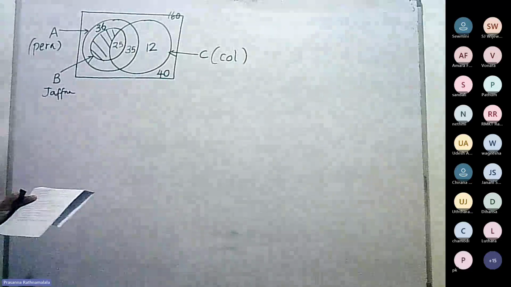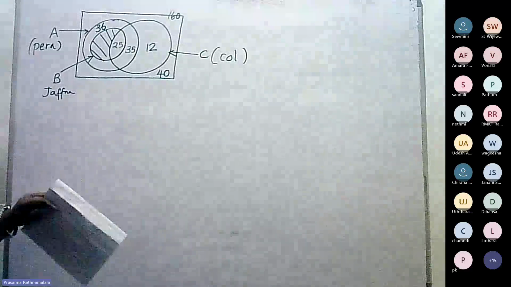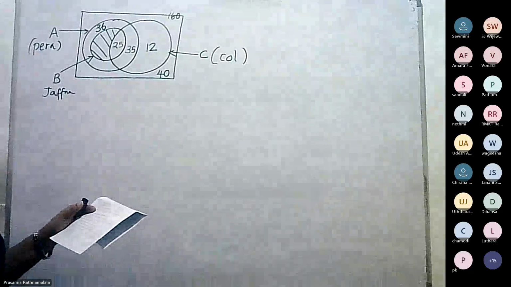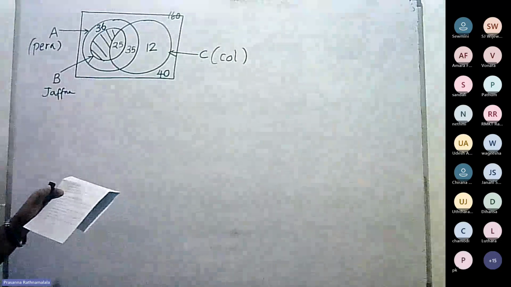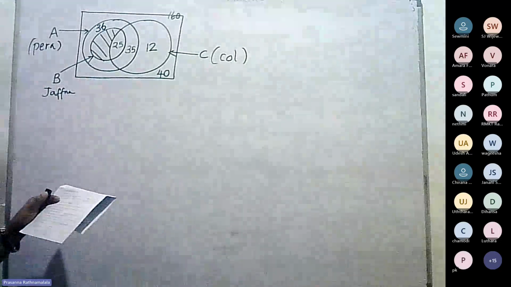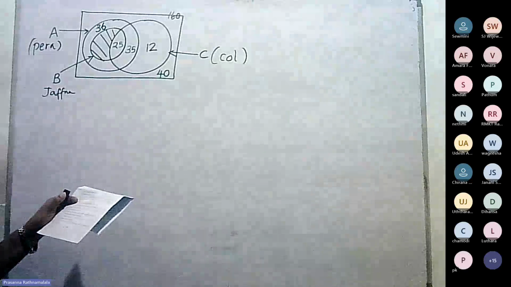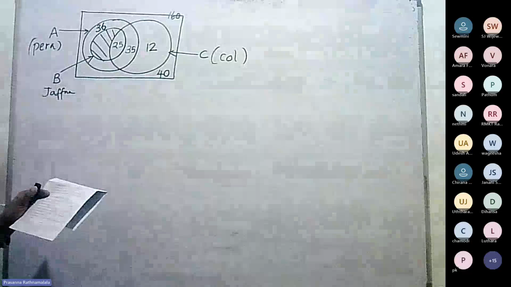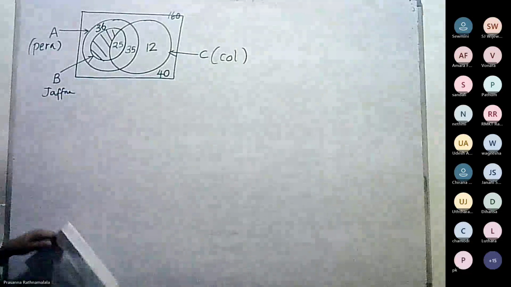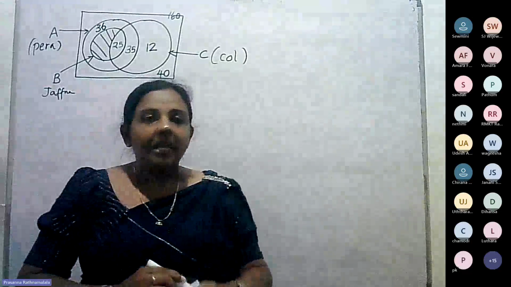Next. Represent the shaded part in set notation using A, B, and C, and find the number of students belonging to the shaded part. How do you represent it?